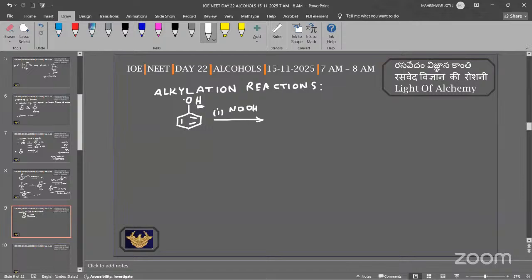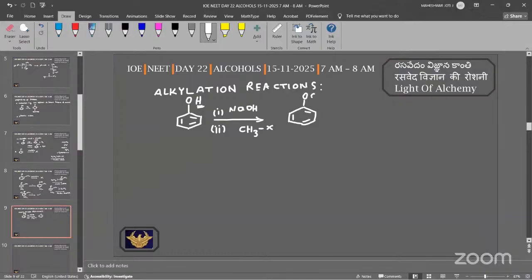That phenoxide ion is a good nucleophile because there is a negative charge, and it attacks an alkyl halide like methyl halide from the back side. So it is an SN2 reaction. Then the CH3 group bonds with the oxygen of phenol.